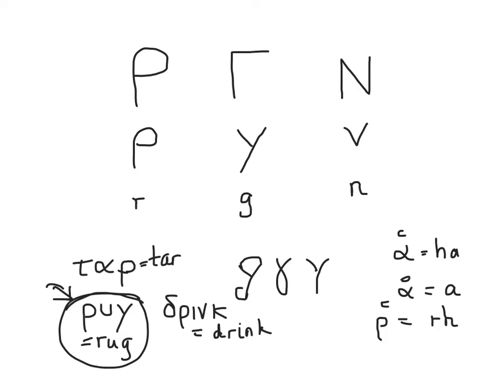Think about words in English which begin RH. I don't know if you want to pause the video and write down a few of your own. I'm going to come up with a few here in a moment. Each one of these words derives from the Greek.